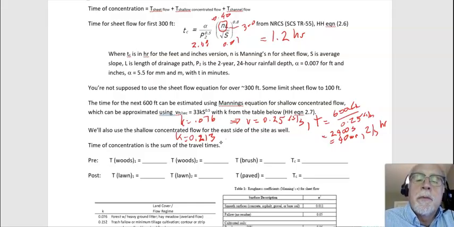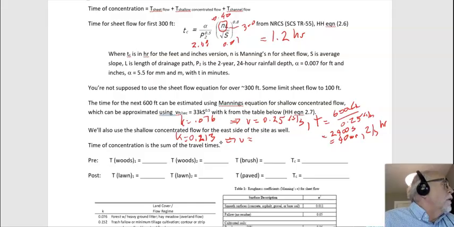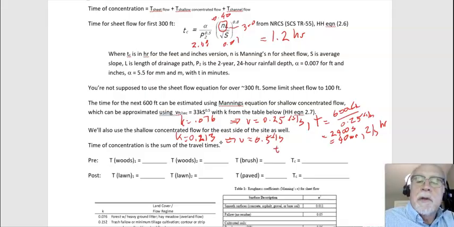That gives me a velocity of basically 0.5 feet per second. The time, also 600 feet for that section, at 0.5 feet per second is 1200 seconds. That's 20 minutes. I should have left more room on here.